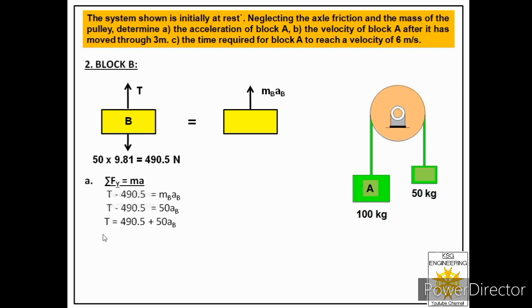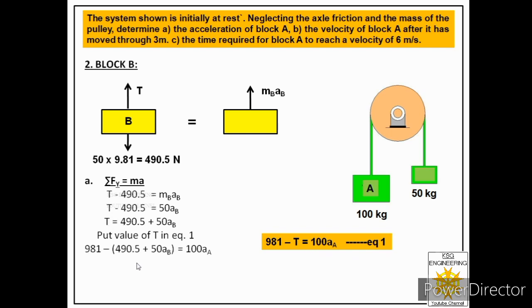So in this equation we have two unknowns, T and aB. But in the free body of block A, we have got one equation which is in terms of T and acceleration of block A. Now in this equation we have found the value of tension T, so we'll put this value in that equation, equation number 1.